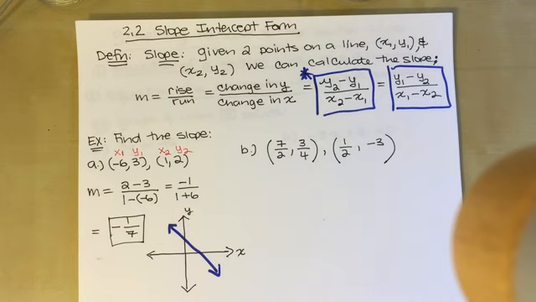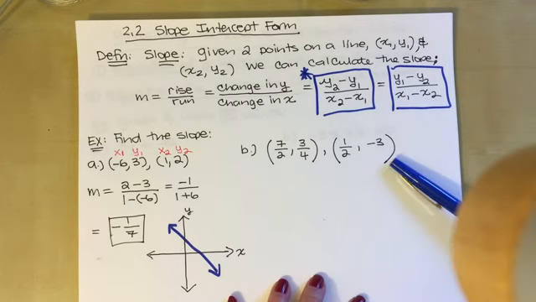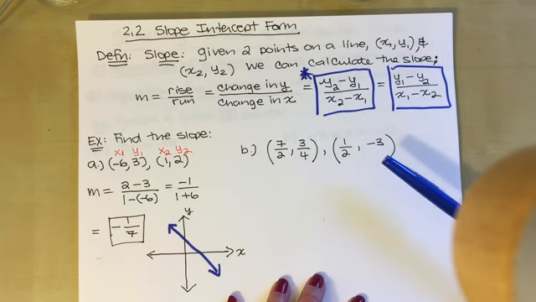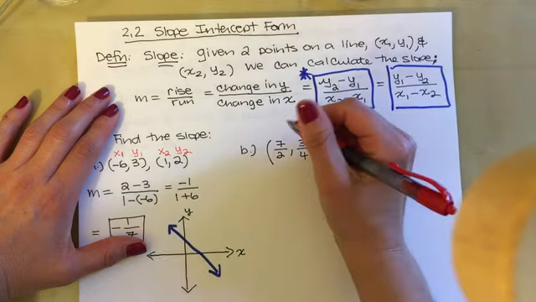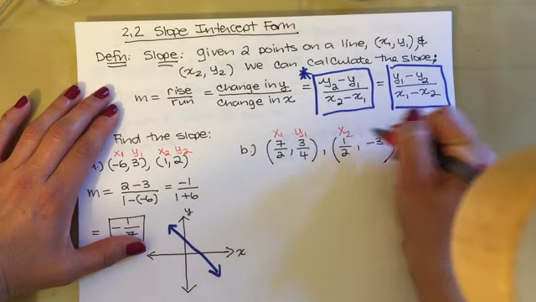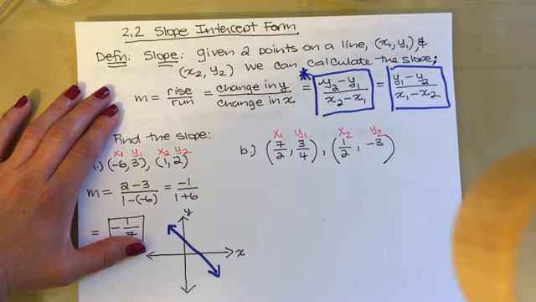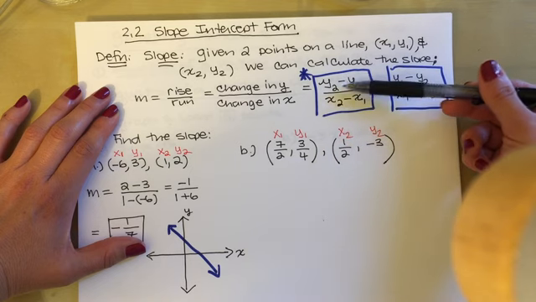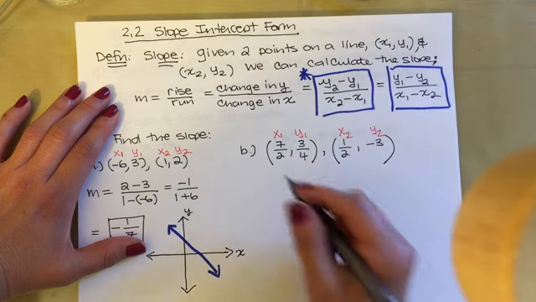Let's look at the second example. This is an example where we have two ordered pairs, but we happen to have coordinates that are fractions. We will label our points, and then use the formula for slope, which again, I'm going to use the first formula. Start with y2 and x2.